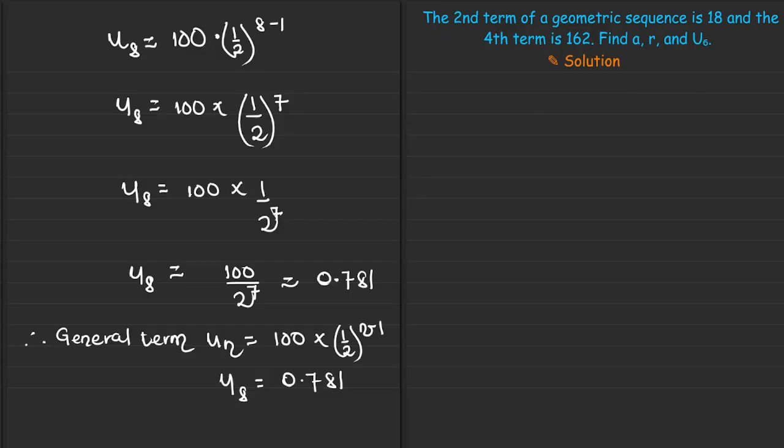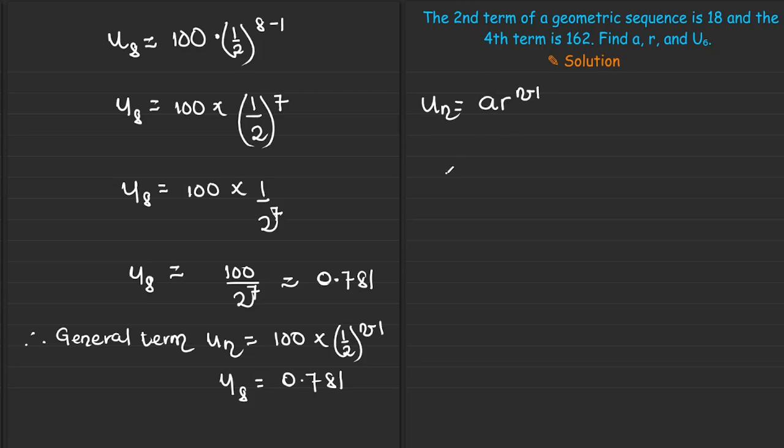For the fourth question we have here, it says the second term of a geometric sequence is 18 and the fourth term is 162. We have to find A, R, and then the sixth term as well. Now, to solve this type of question, we first of all know that for a general geometric term, it is given as what? A times R to the power n minus 1.